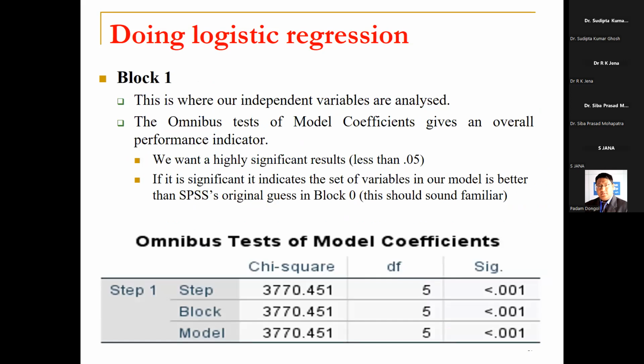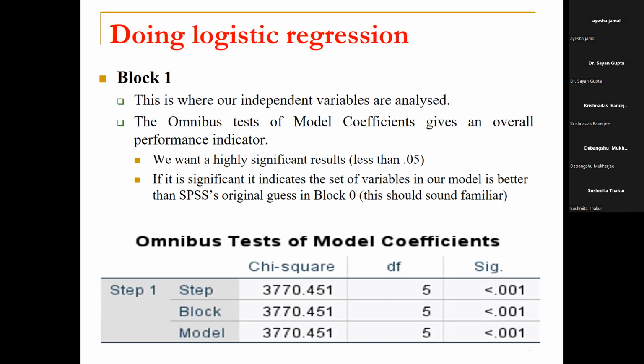Block 0 is without including the independent variables, and block 1 includes all the independent variables. If the significance value is less than 0.05, considering a 95 percent confidence interval, then the model is significant and the independent variables have a significant impact on the dependent variable.